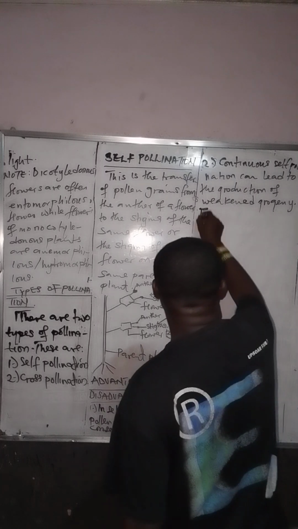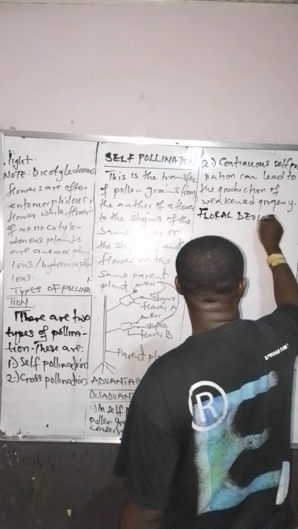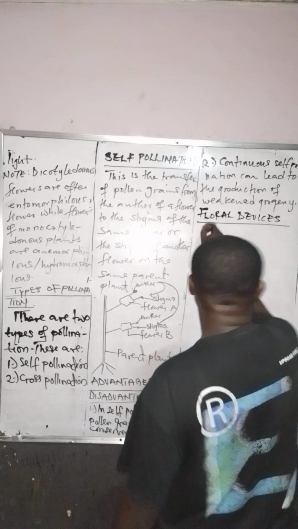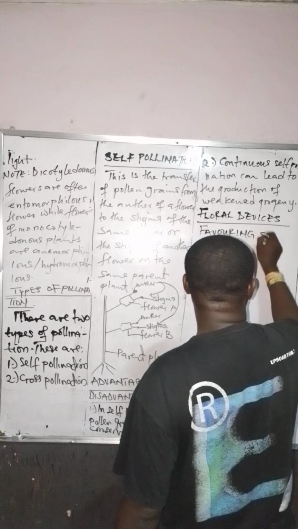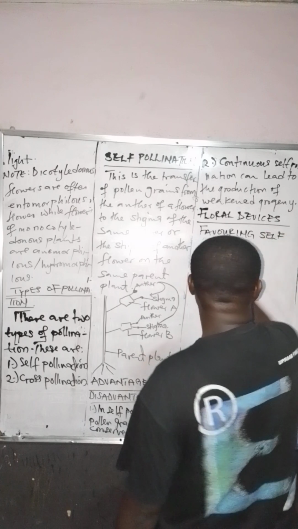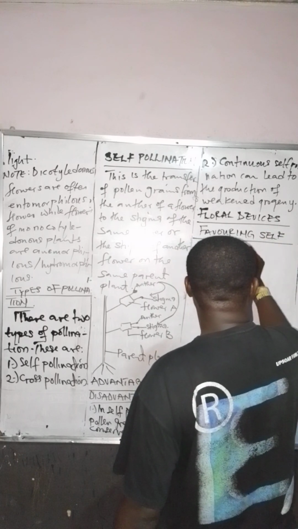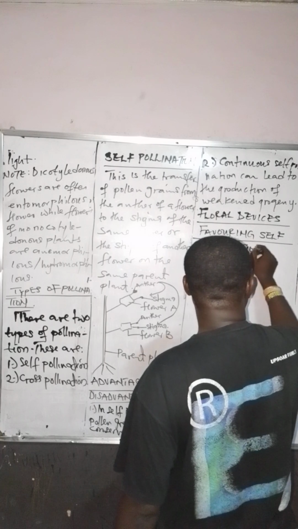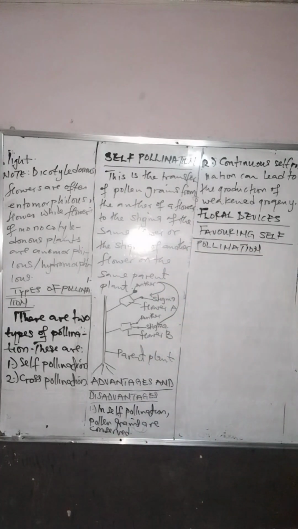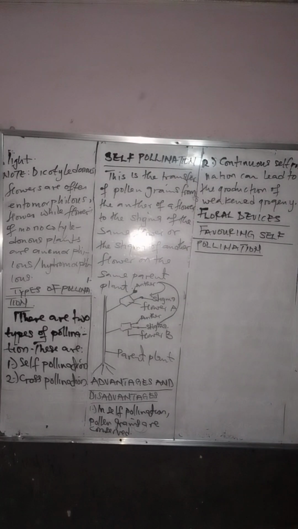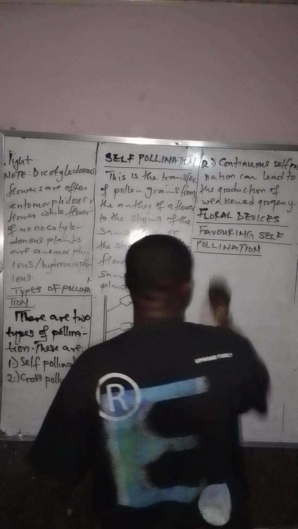Now let's look at floral devices favoring self-pollination. What do we mean? We mean the structure or the nature of the flower that will make self-pollination always take place.